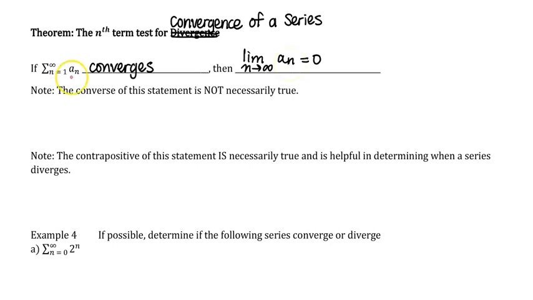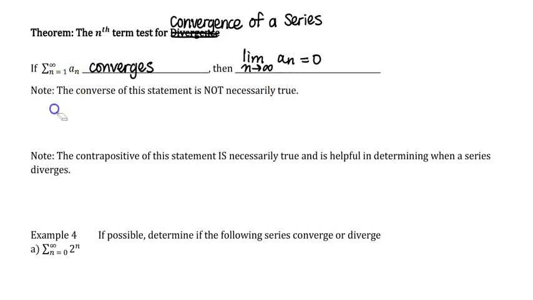So again, remember, this a sub n is a sequence, and if I put it inside of a sigma, then it turns the whole thing into a series, but it is just a sequence that we can take the limit of. We've been doing that since 9.1.